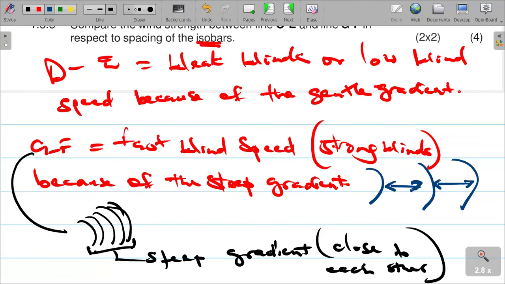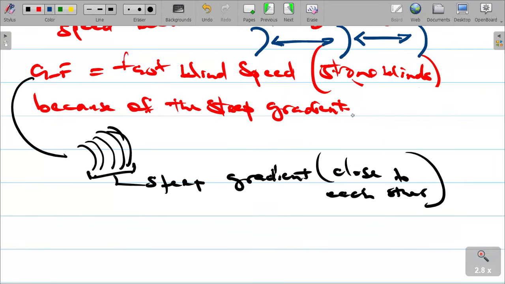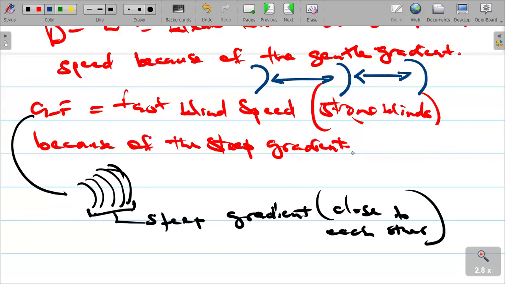If we compare them, on DE they are quite spaced. The distance between the isobars identifies a gentle gradient, versus the other one that we are saying is GF.